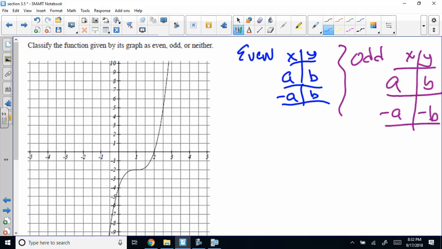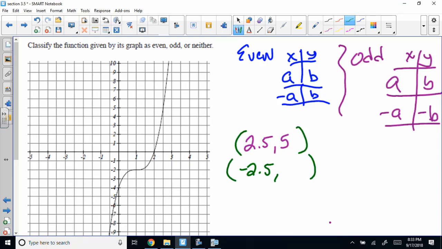You want to do that one? 2.5 and 5? Y'all okay with that? Okay, now. So if it's 2.5, it has to be negative 2.5, right? Y'all agree?